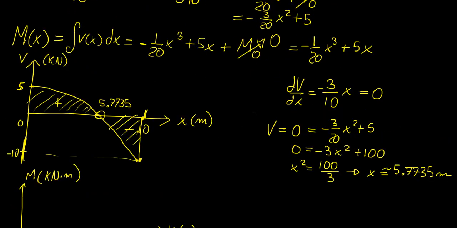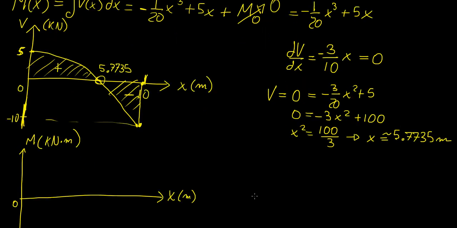So in this case, we're going to look at this function and say, okay, this is positive, so that means we're going to go up by a positive value. Now, where is the maximum going to occur? Well, it turns out that on the bending moment diagram, since we have the relationship M equals the integral of V dx, if we take the derivative of this to find the turning points, then we get the function for the shear force.